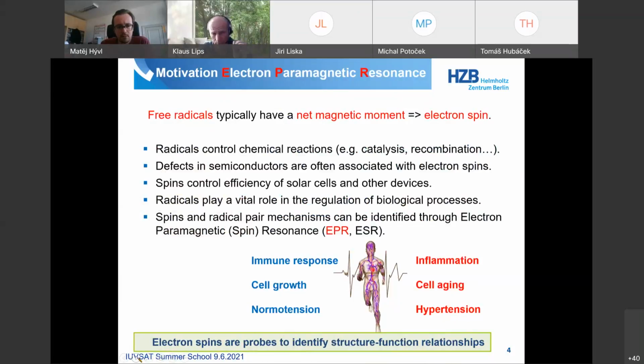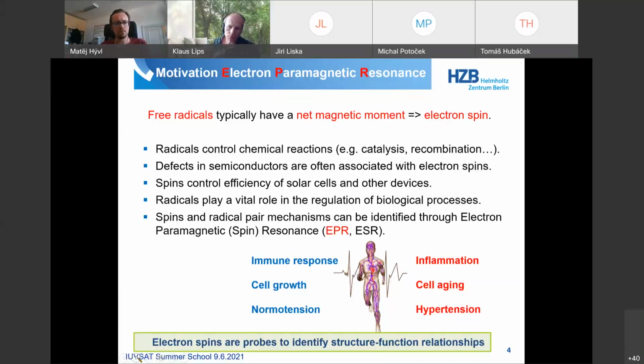And such radicals can control chemical reactions, like in catalysis. I will talk about recombination in solar cells, so loss mechanisms where charges simply disappear. And these charges disappear, for instance, in semiconductors around defects, and they are often associated with electron spins. And these spins then control the efficiency of a solar cell, and I will show you how a bit later.